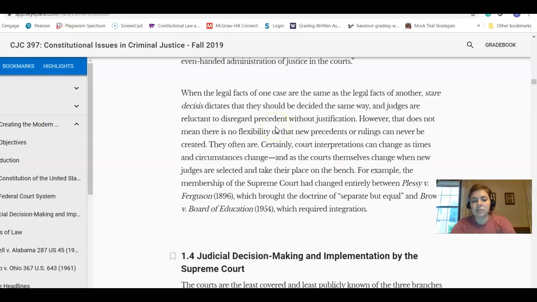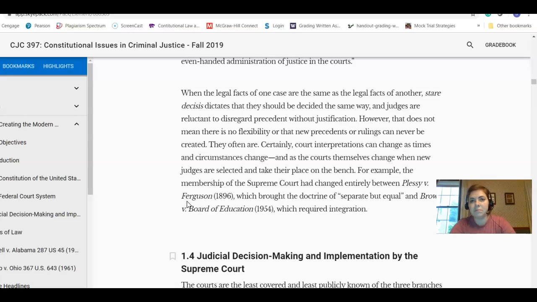So this principle of stare decisis is really important. There are times where the Supreme Court will overrule itself. In 1896, the Supreme Court in Plessy v. Ferguson announced this separate but equal doctrine, which essentially meant that states and the federal government could separate people based on race and ethnicity as long as they provided equal accommodations.